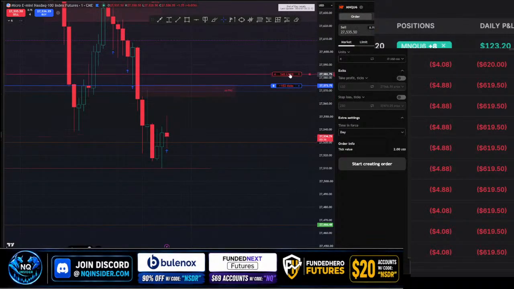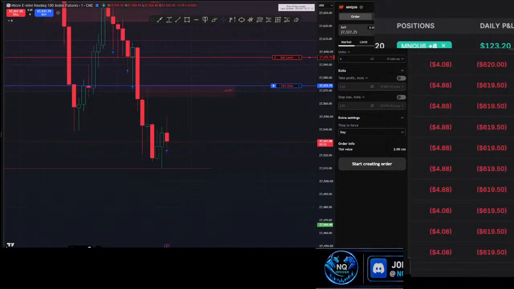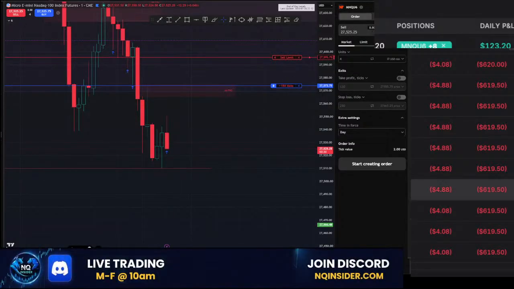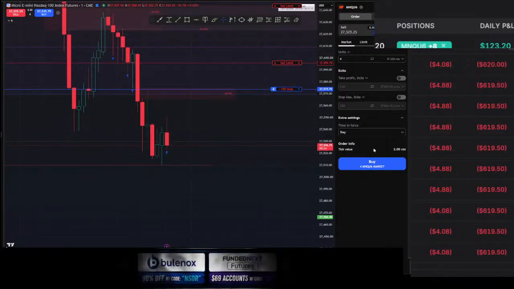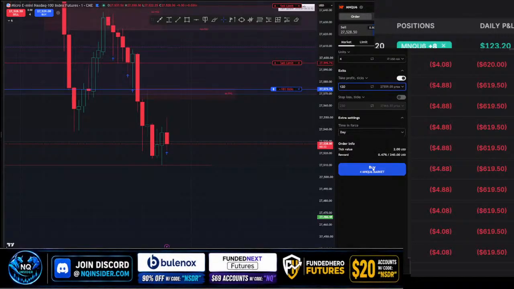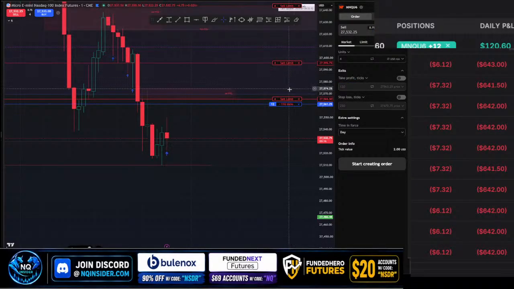I'm adding 4 more micros here onto this. At this time block here. This new time block. Adding another 4 here onto this.